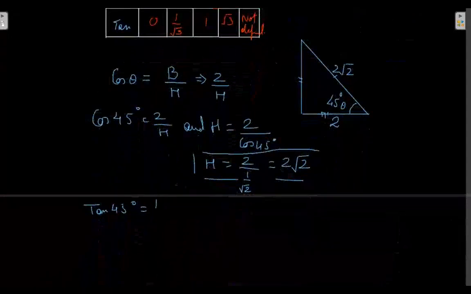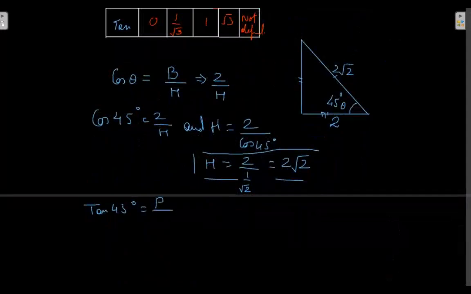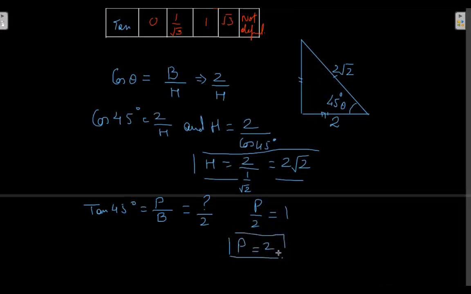Guys, it's very good practice to refer to your mnemonics or formulas as much as possible in your initial days. Now perpendicular is what we have to find, and base is 2. And tangent 45 is 1. So perpendicular over 2 is equal to 1. It means perpendicular is equal to 2. So the value of perpendicular is 2.